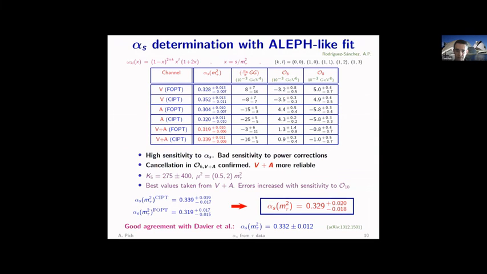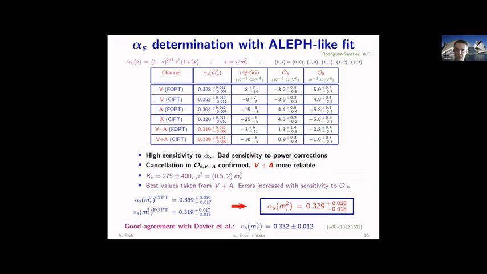You also find that you have a very good sensitivity to alpha S, this is to be expected, and a very bad sensitivity to power correction, which is not surprising because power corrections are a small correction. So if you change something in your analysis, the central values of your power corrections can change by a quite sizable factor, but the sensitivity of alpha S to those changes is quite small.